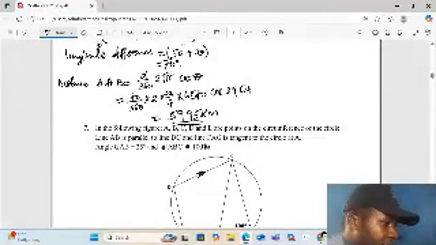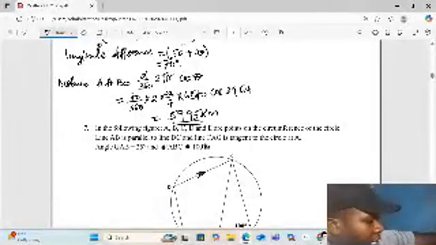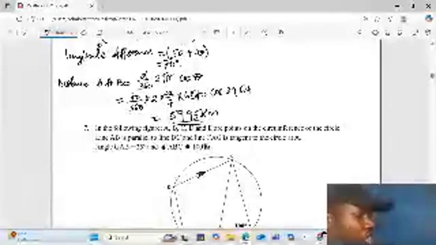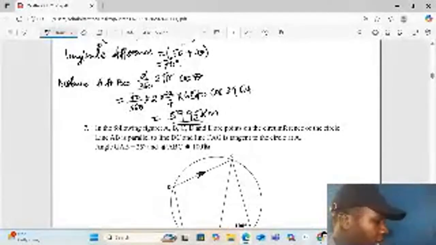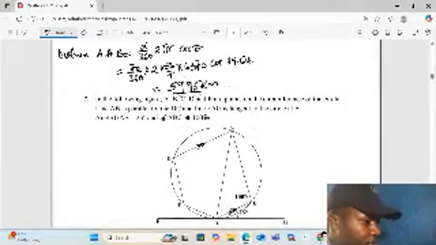Now in the following figure, A, B, C, D, and E are points on the circumference of the circle. Line AB is parallel to line DC, and line FAG is a tangent to the circle at A. So at A, that is where we have the tangent.